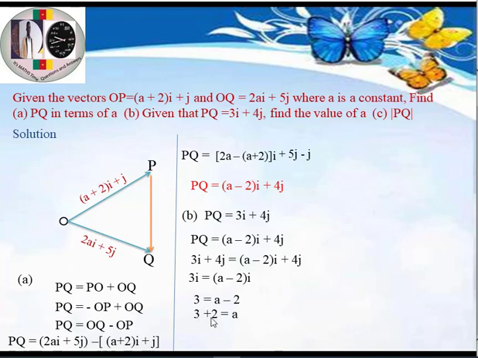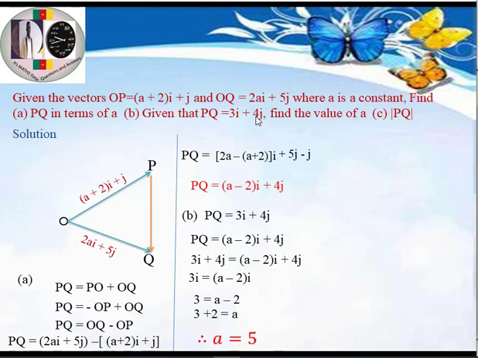If we add 3 and 2 together, we get 5, which means the value of a is 5. If you want to check, you can take this 5 and put it inside this value for PQ, and we get 5 minus 2, which is 3i plus 4j, and that is the same thing that was given in the equation, PQ equals 3i plus 4j. So we answered what was asked.